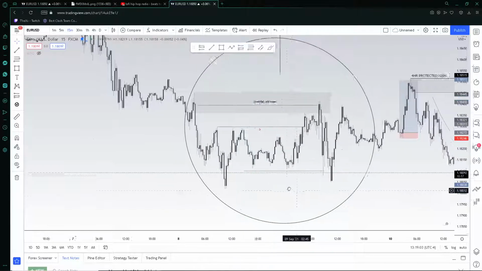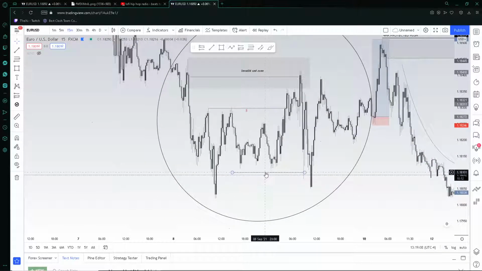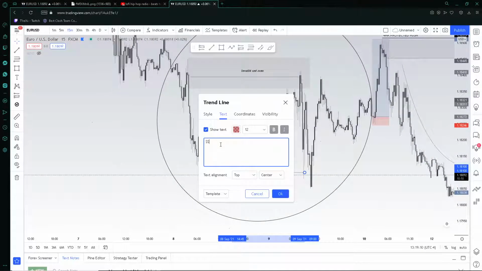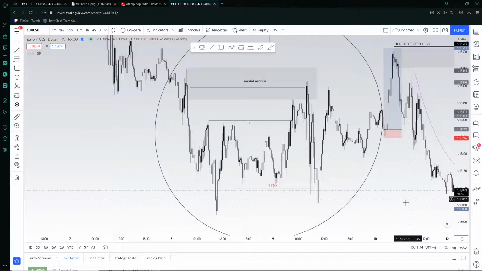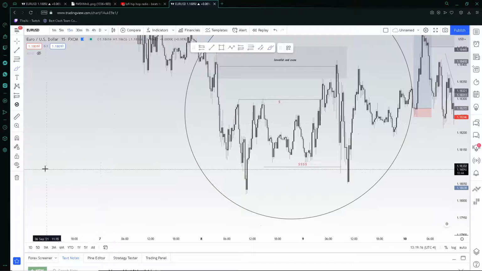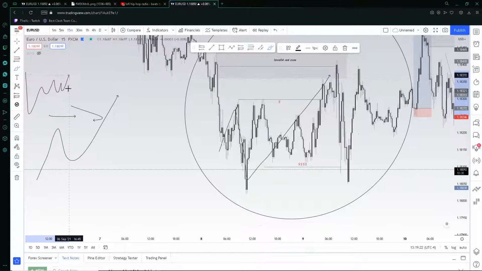So this is invalid S&D zone, right? And what you have to keep an eye on is below all these lows is liquidity. Watch what happens. Even though we shifted bullish on a higher time frame with this break of structure, all the stuff that was here is invalid now, because these are functioning as liquidity.